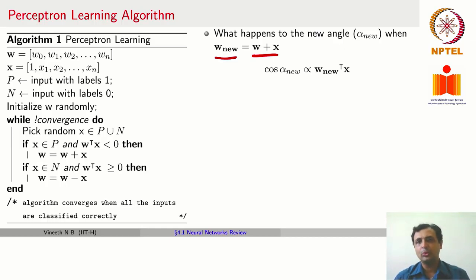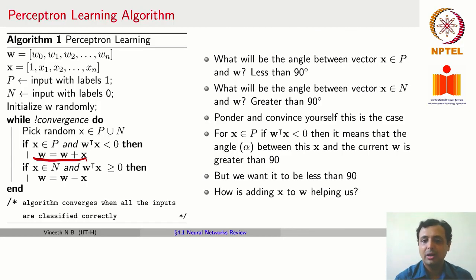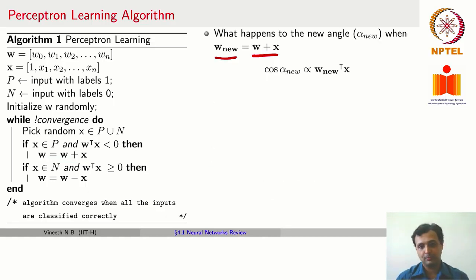Let's try to understand what the new angle will be. We just found out that when w transpose x is less than 0 for a point belonging to P, the angle turns out to be greater than 90, which we don't want. We want it to be less than 90. Now let's see what happens for w new.